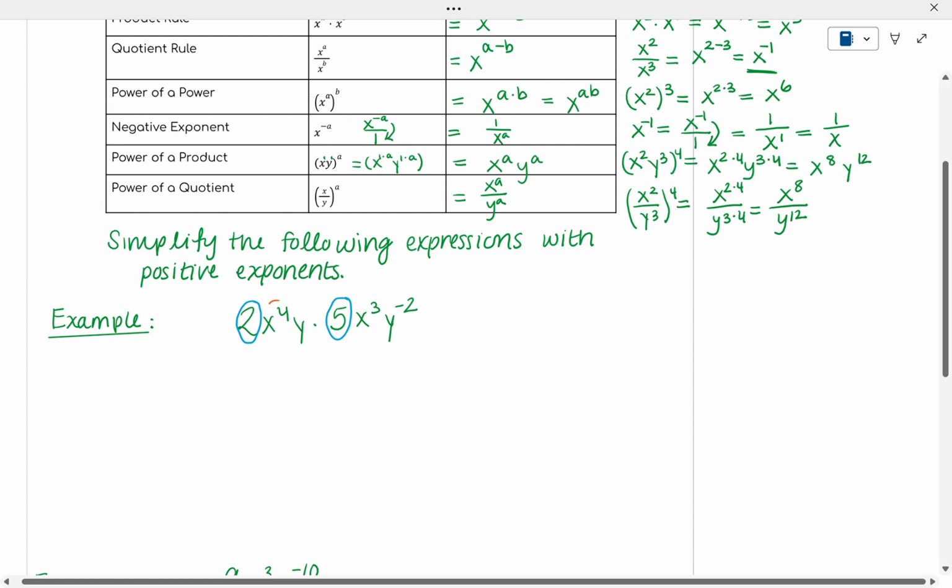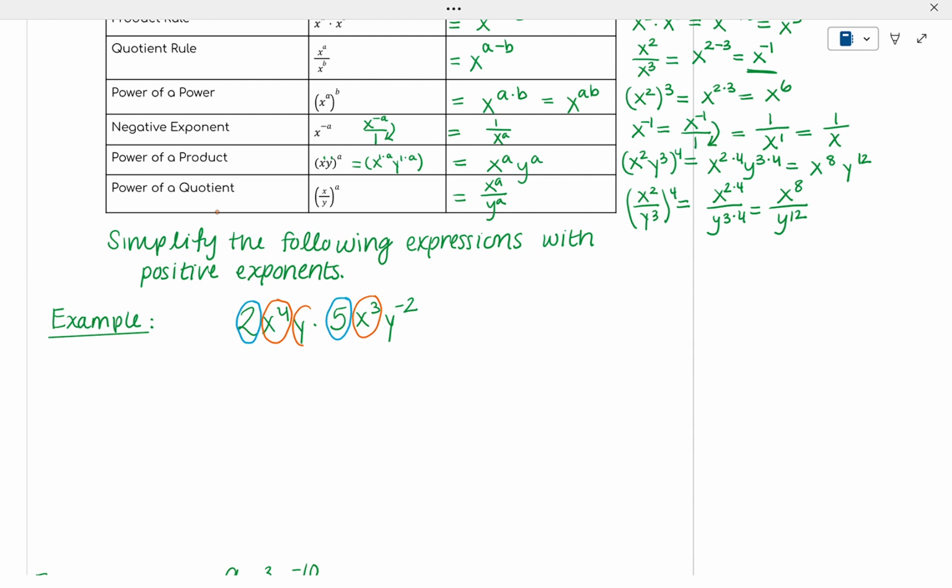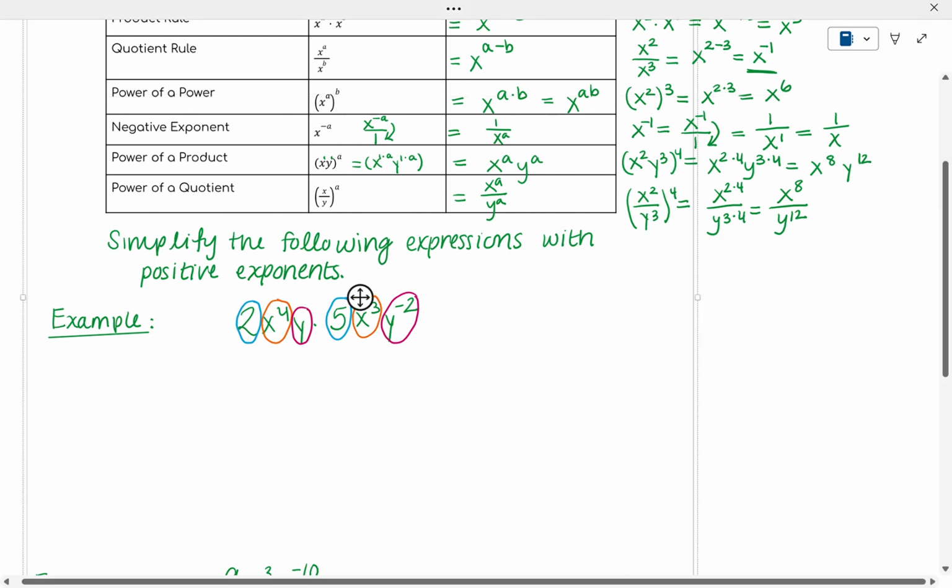And then we have x to the fourth and x to the third, and y, and y to the negative 2. So let's start applying some of these rules.